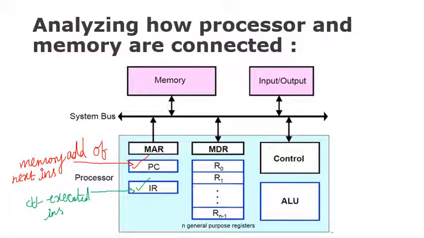Next about this MDR. It facilitates communication with memory. That is, it contains the data to be written into or read out of the address location. So MDR is nothing but the memory data register. Memory data register facilitates communication with the memory.